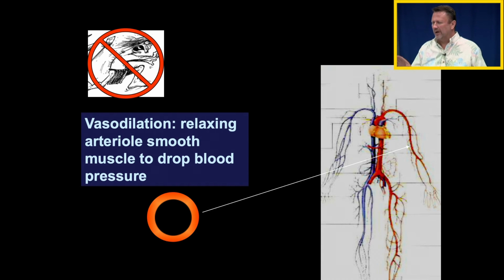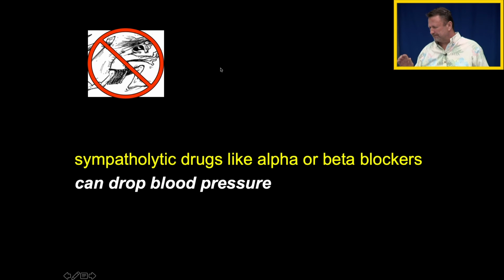So be on the lookout for this. Drugs that are vasodilators are great at lowering blood pressure, but they can cause orthostatic hypotension. And when we get to high blood pressure, we'll start with sympatholytic drugs. The clinical discussion for the sympatholytics is in high blood pressure.